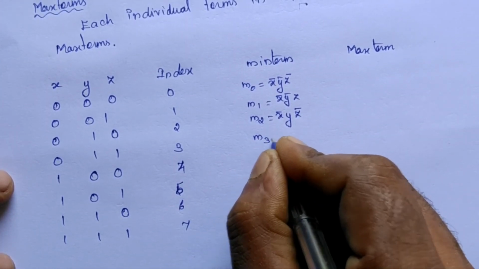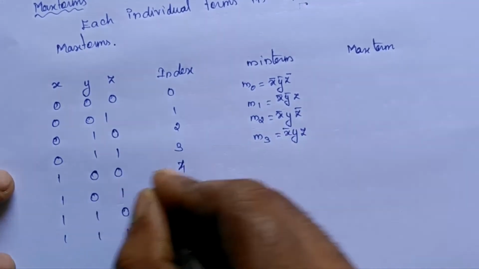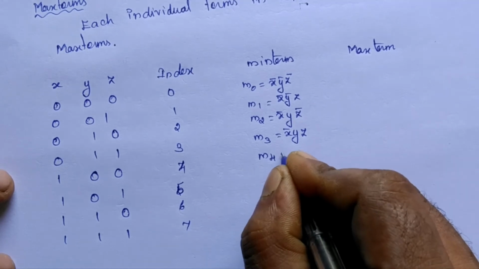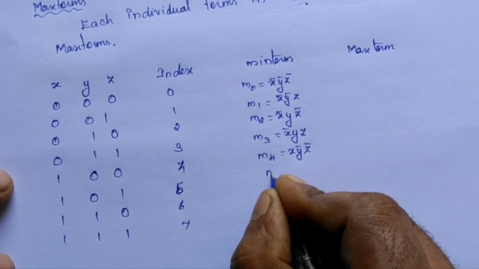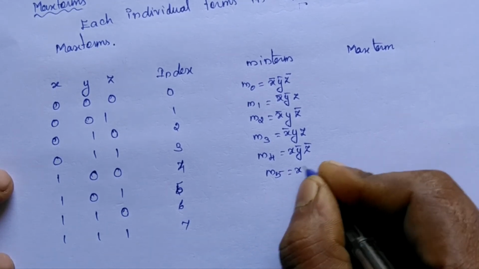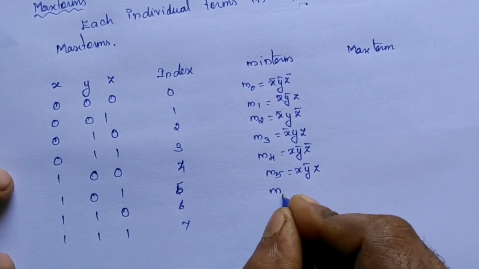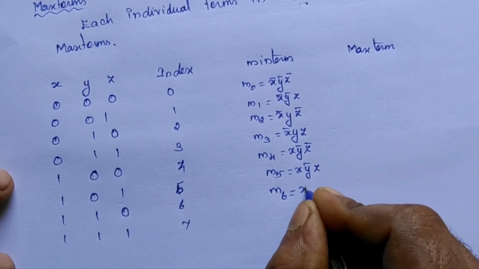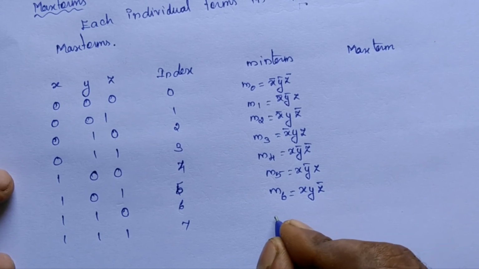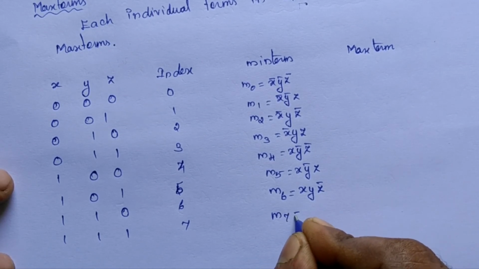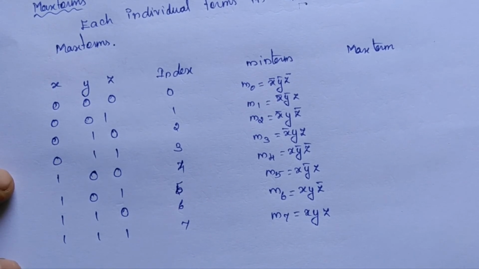Then m3 is equal to x bar, y, z. m4 is x, y bar, z bar. Then m5 is x, y bar, z. Then m6 is x, y, z bar. Finally m7 is equal to x, y, z, because all the values are 1.